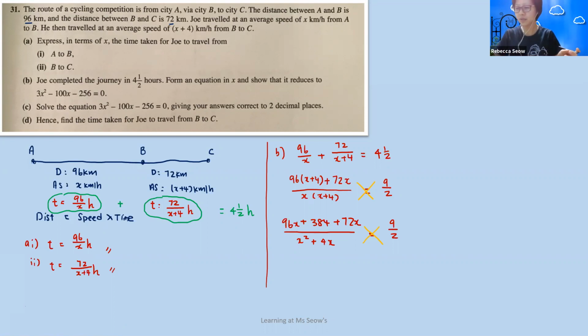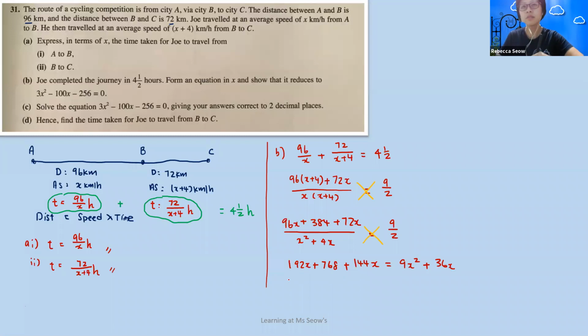Okay, 96 times 2, 192x, okay, plus 384 multiplied by 2, 768 plus 144x equals to 9x squared plus 36x. All right. Okay, I hope you've got that.